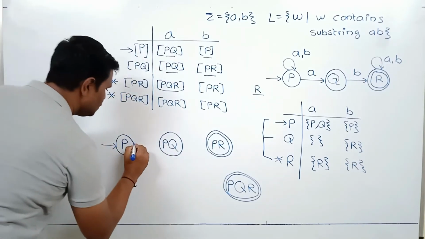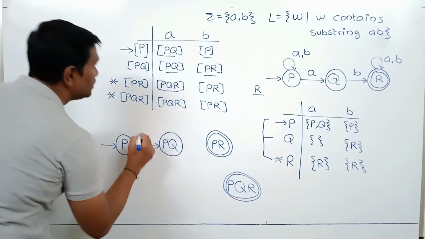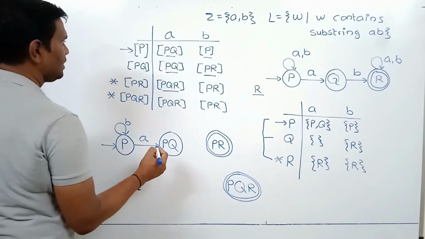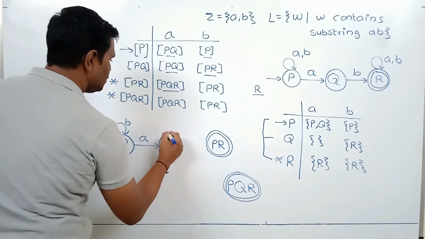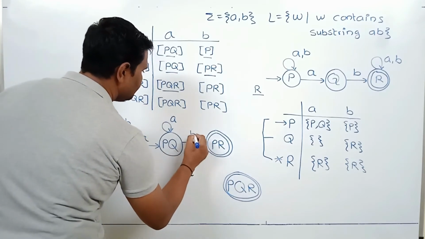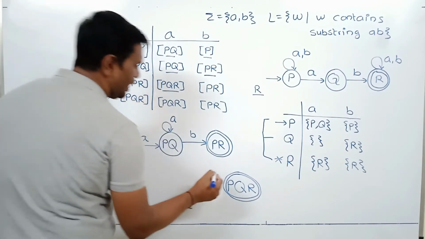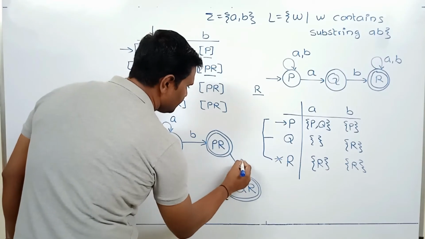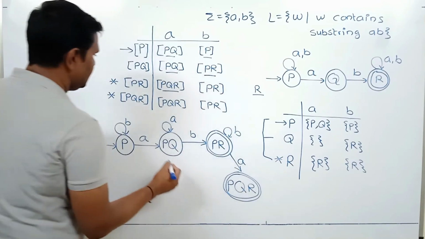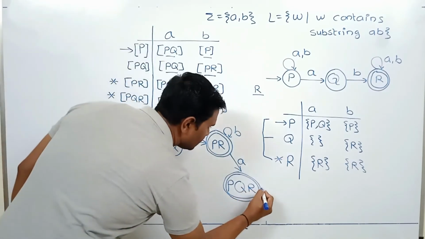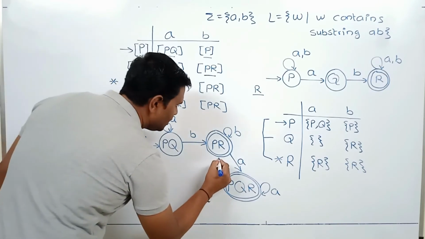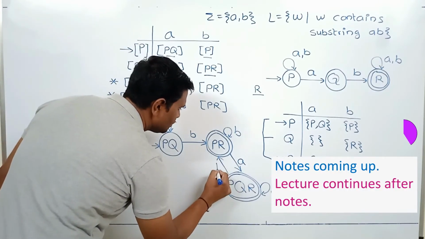P on A goes to PQ. P on B goes to P. PQ on A goes to PQ. PQ on B goes to PR. PR on A goes to PQR. PR on B goes to PR. PQR on A goes to PQR. PQR on B goes to PR.